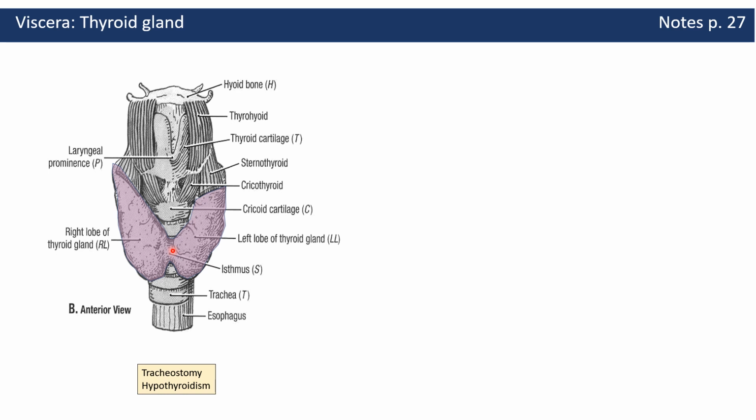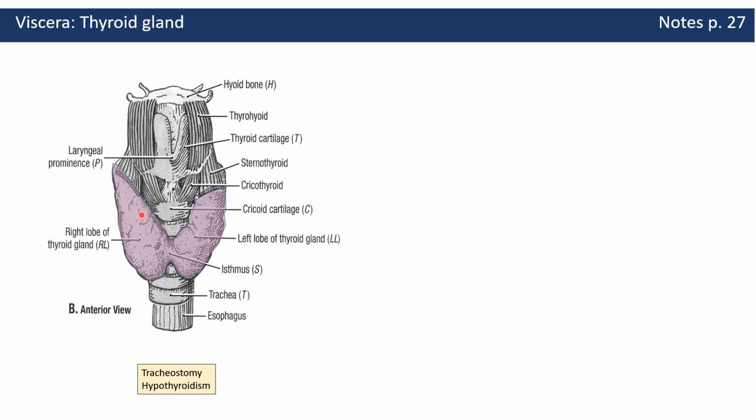If there's an enlargement of the thyroid gland, as is the case sometimes for hypothyroidism, so a lack of production of the thyroid hormone and calcitonin, what happens is that there tends to be a hypertrophy, so an overgrowth of the thyroid gland as a result in an attempt to make more of that hormone.